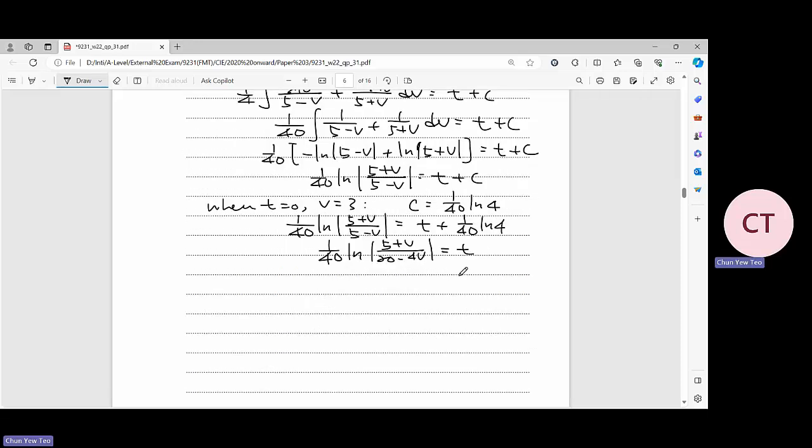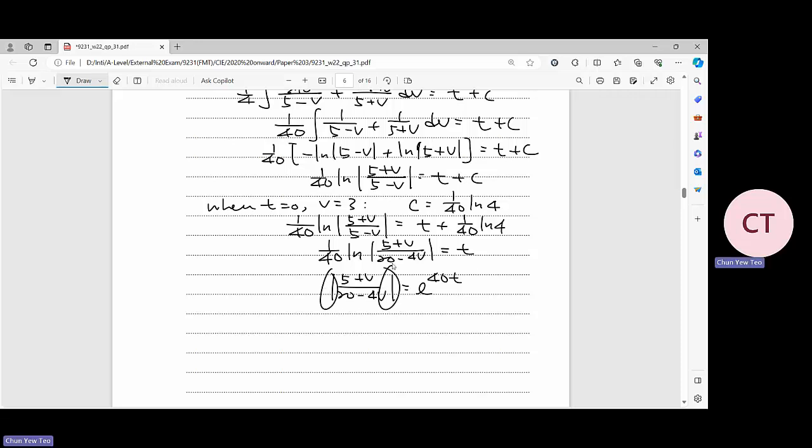Now we want to make it become v in terms of t. So I have modulus of 5 plus v over 20 minus 4v equal to e to the power of 40t. So now we have a modulus over here.